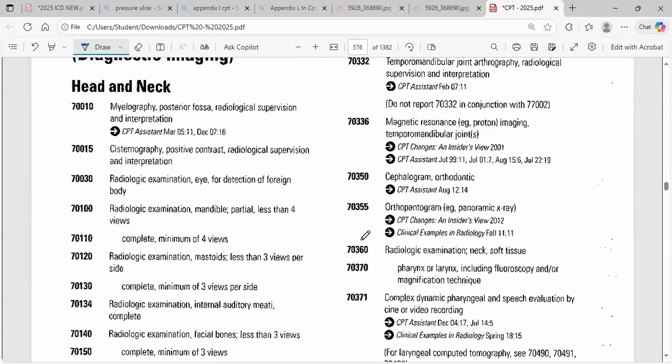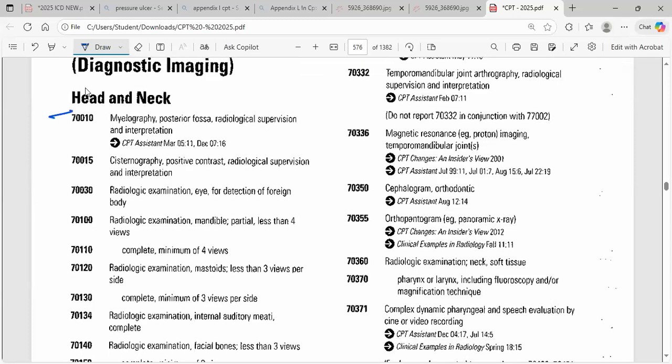So you can see here, the first section is head and neck. All the codes are divided based on the anatomical regions. So first we have a code for the radiological examination. These radiological examination means X-ray. So whenever doctor or the provider is doing the X-rays, we have to code the radiological examination for the X-rays.